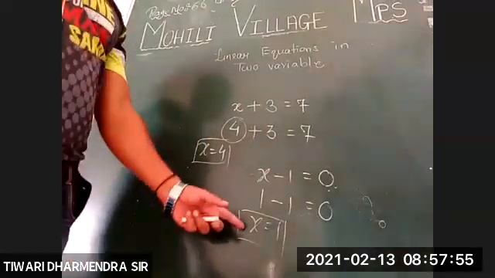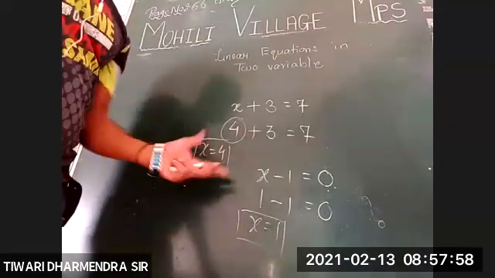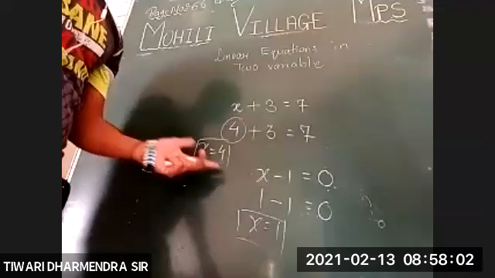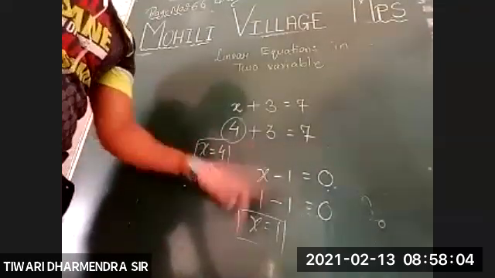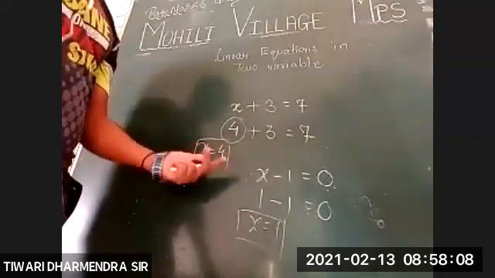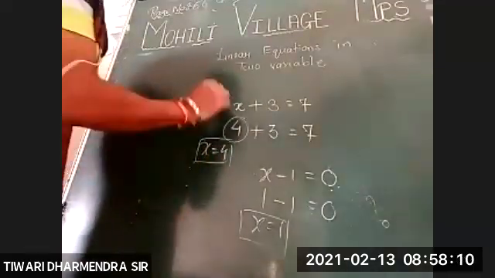From here we understood that value of x is changing according to the condition. As condition changes, value of x also changes. So here x is termed as variable.